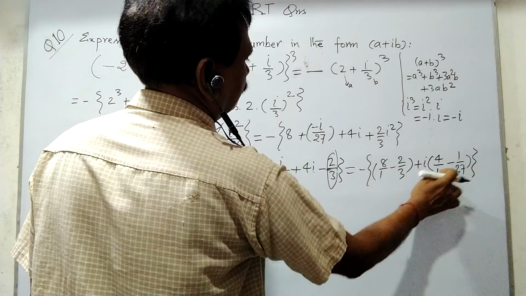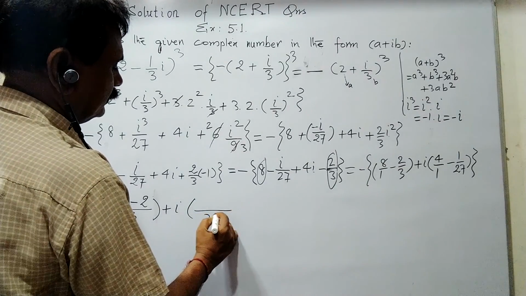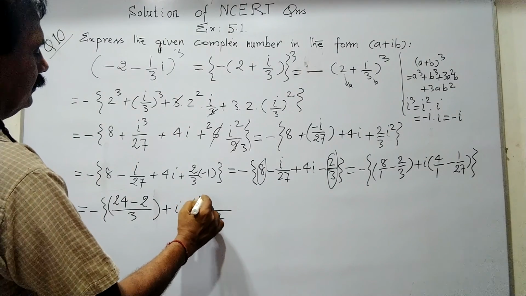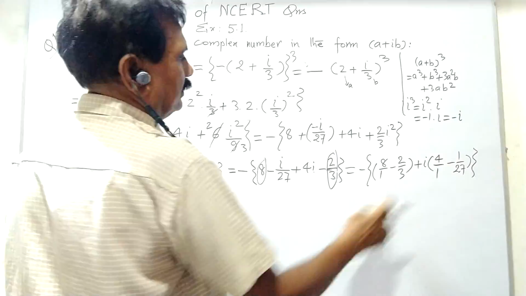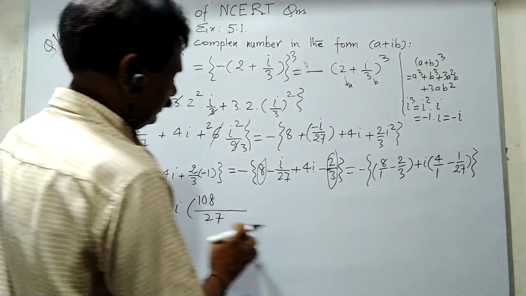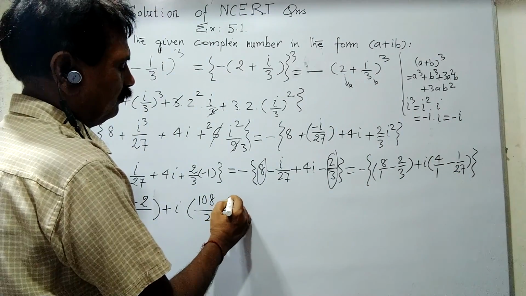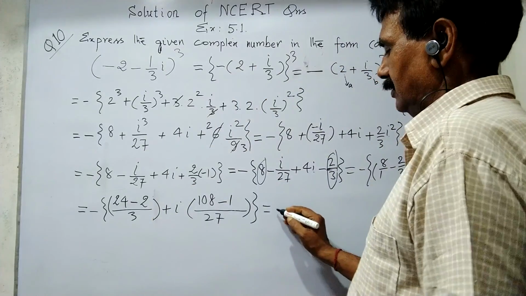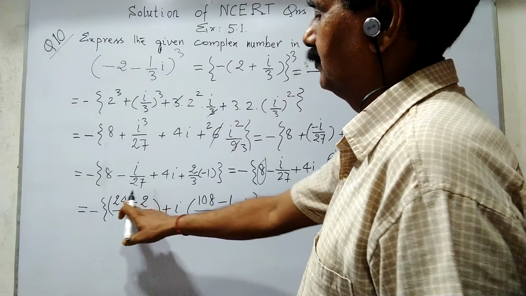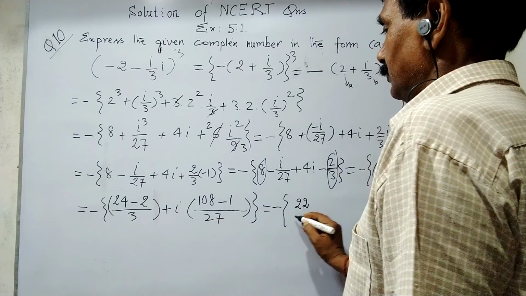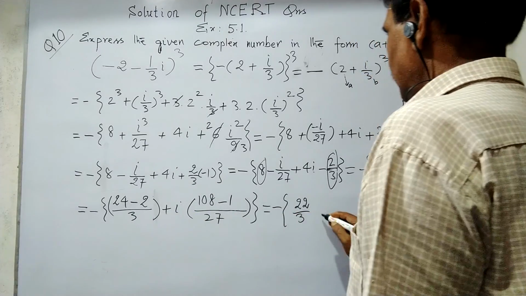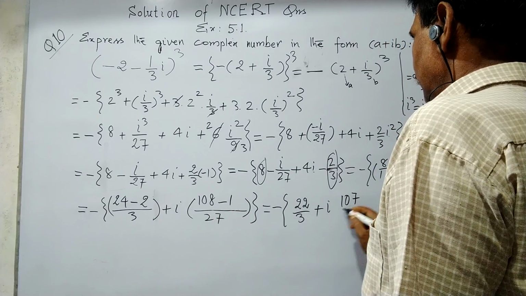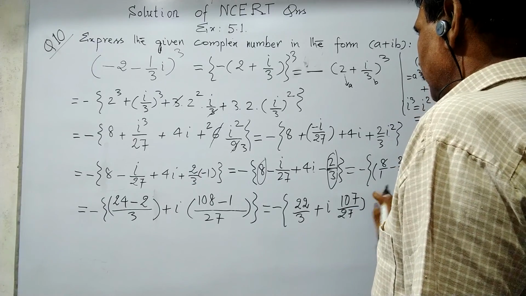And here let us take LCM 27: 27 divided by 1 is 27, 4 times 27 is 108, minus 27 divided by 27 is 1, 1 into 1.